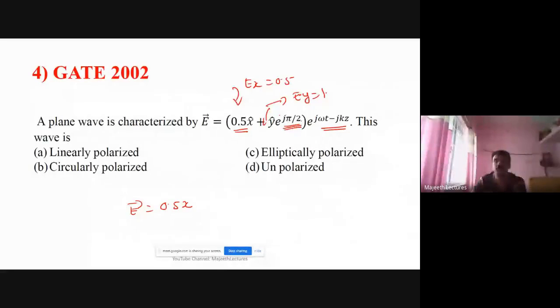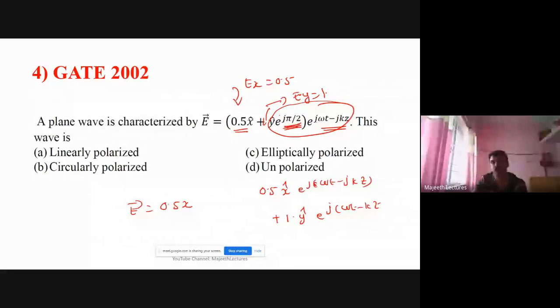When you multiply these two, what will it become? 0.5x e power j(omega t minus kz) plus 1 into y vector e power j(omega t minus kz plus pi by 2).